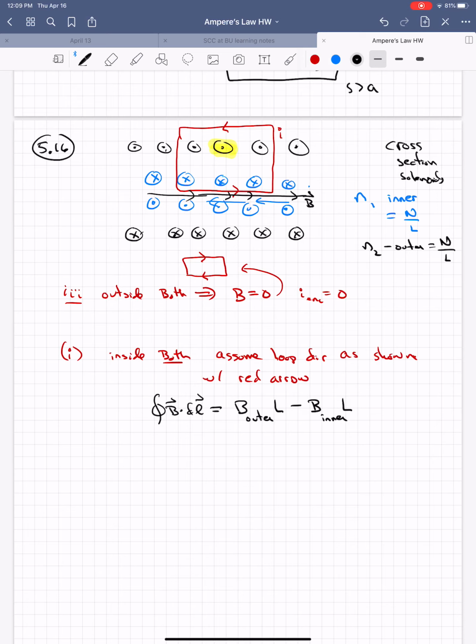There's no B field on the outside part of this loop, and there's no B.dl on the two legs that are perpendicular. And so that's going to be equal to some number on the outer part, they're both carrying a current I, times I, minus some number on the inner part times I.